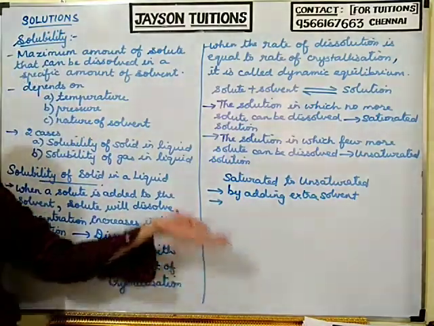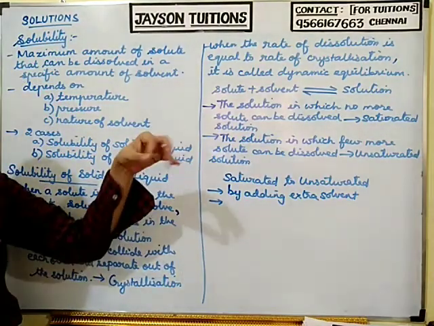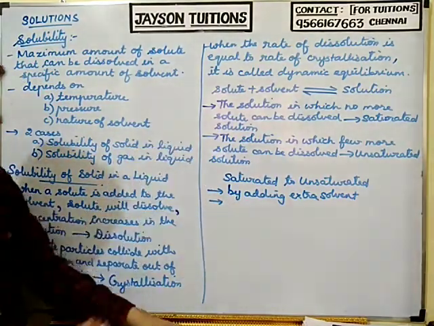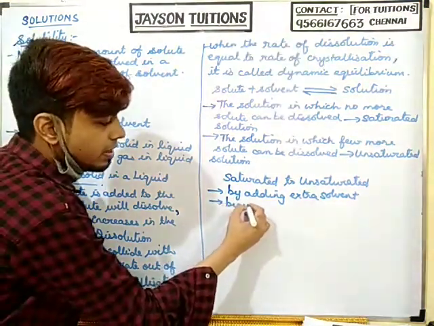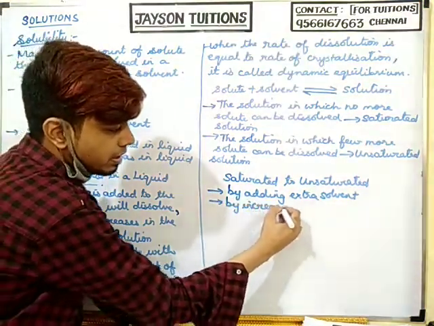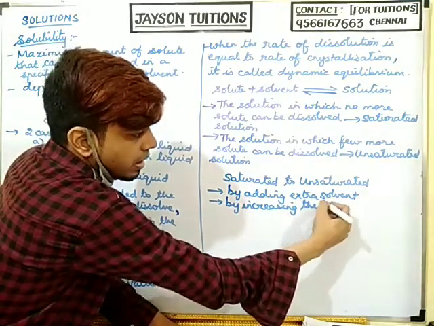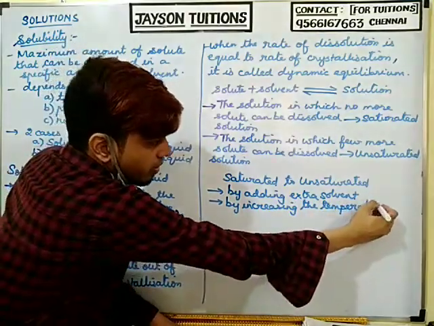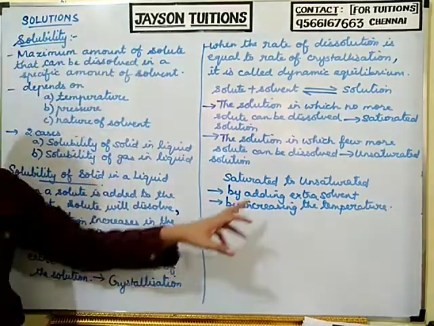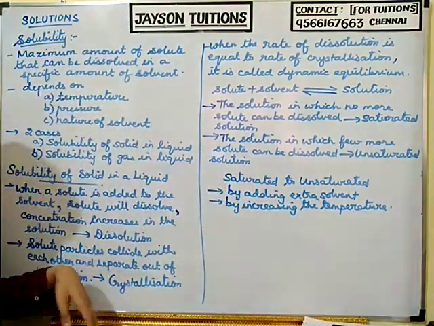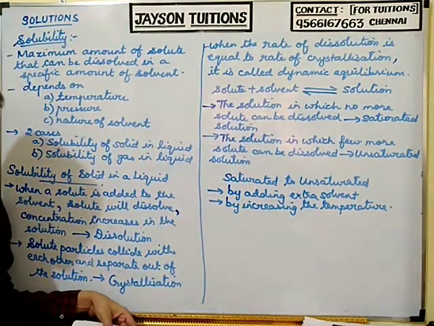Or if I heat it, the solute will dissolve by increasing the temperature. So these are the two methods by which we can convert a saturated solution into unsaturated solution. Understood?